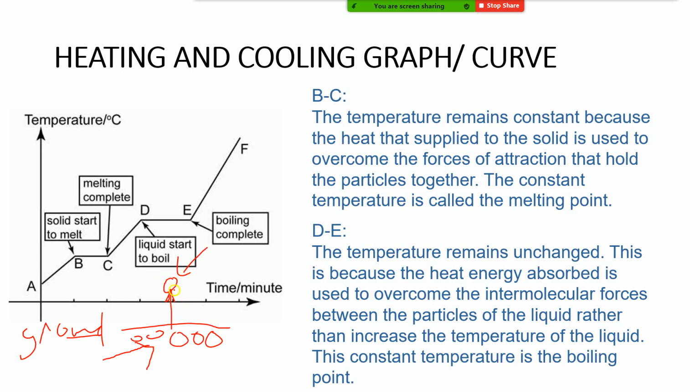If the particle is here, wouldn't we agree that it would have more potential energy because it is moving from a ground level to a higher distance, so to speak? Yes, sir. Right? So you must remember this to say that there's an increase in potential energy because the distance of separation between the molecules is increasing.